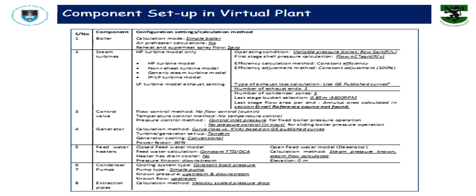For the steam turbines, the high pressure turbine, we had to make use of the variable pressure approach, and for the turbine efficiency model, we used the constant efficiency model, meaning that we assume that the efficiency of the turbine is constant along the parts of the turbine and for various load conditions. So these were essentially the parameters that were fed into the VirtualPlant software.